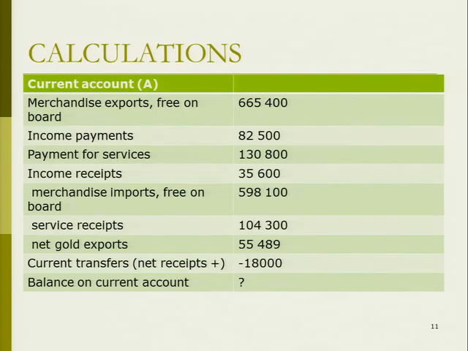Merchandise import, payment for services, and also income payment. So these ones are the ones that I must subtract. That is why I said I will bring to you this calculation so that you know exactly where each piece of information belongs, so that you don't mix your items. Because the moment you mix your items, you're going to get an incorrect answer.